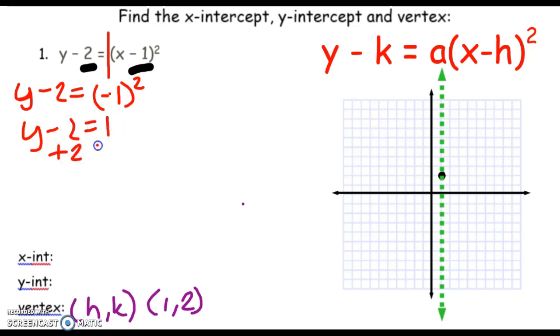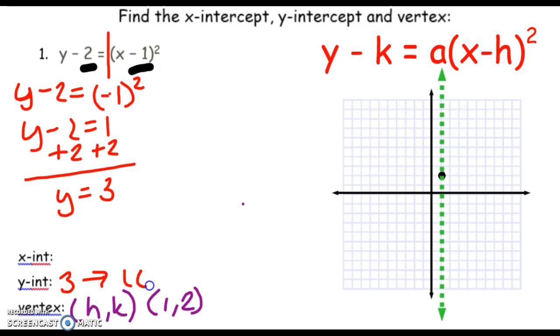I'm going to add 2. So y equals 3 in this case. So my y-intercept is going to be at 3. It's actually going to be 0, 3, because I plugged in 0 for x. So I go over 0, up 3.